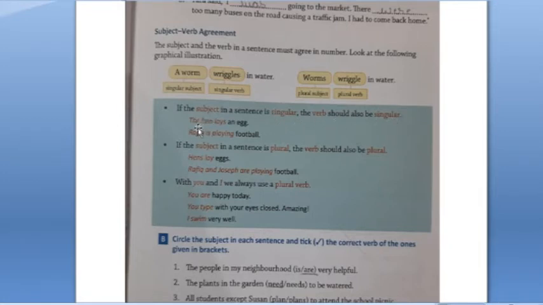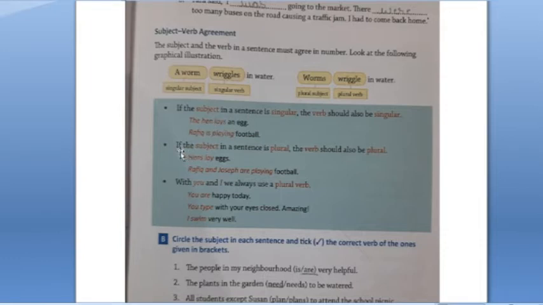The first sentence is, the hen lays an egg. And the second sentence, Rafiq is playing football. So in both the sentences, subjects are singular. Hen is singular, Rafiq is singular. So we used singular verbs here, is, and lays.